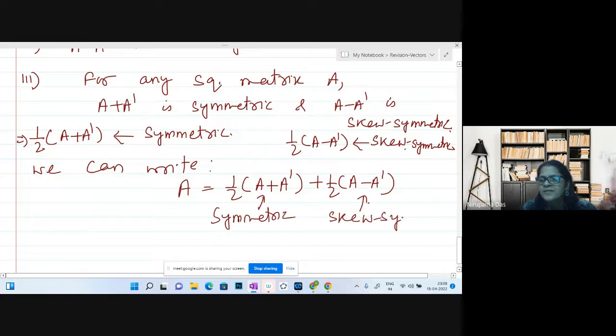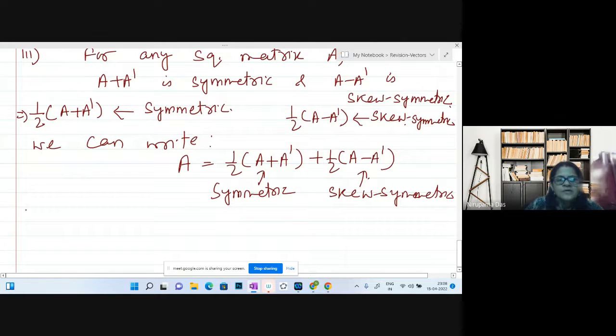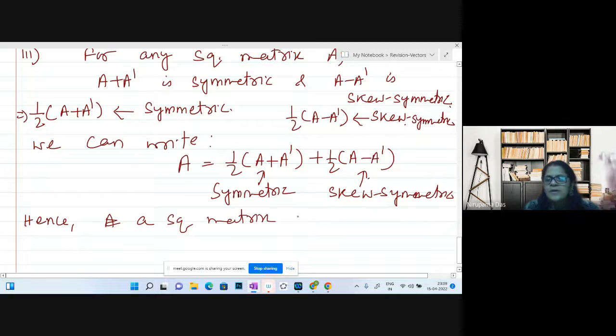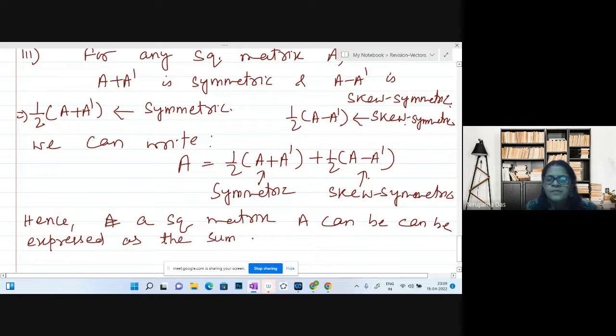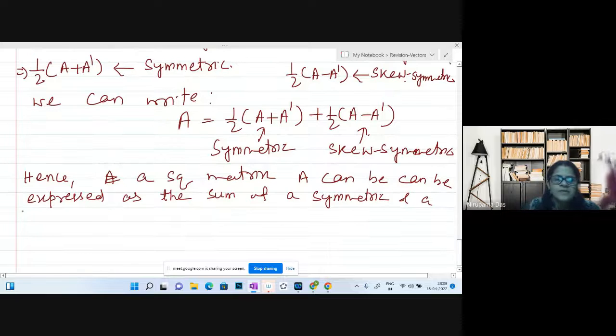We can declare that a square matrix A can be expressed as the sum of a symmetric and a skew-symmetric matrix.